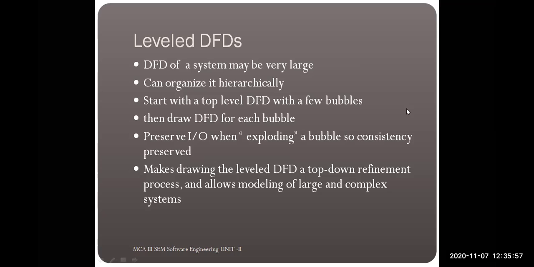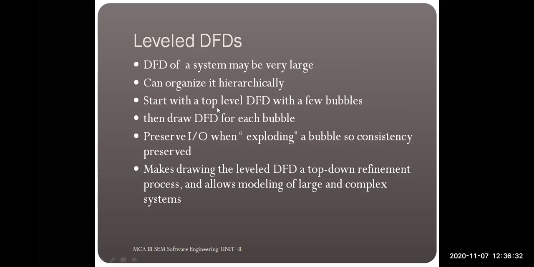The first diagram is called a context diagram, which defines the system, the basic system that is the root for the levels of the diagram. Based on that context diagram, the remaining diagrams will be represented. The DFD of a system may be very large, so to organize it we do some leveling with a few bubbles, then draw a DFD for each bubble.